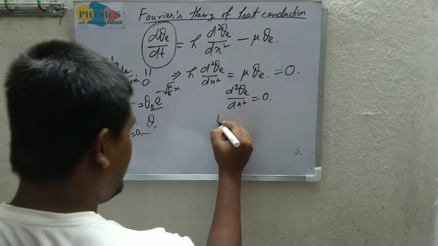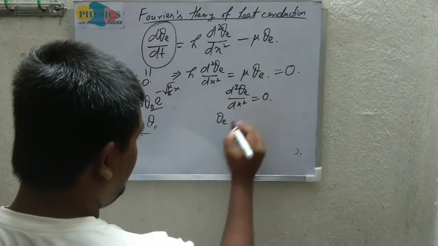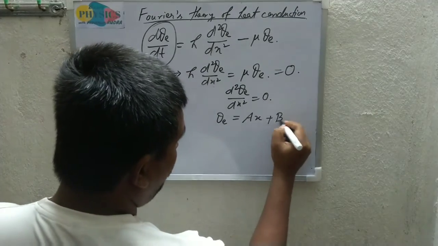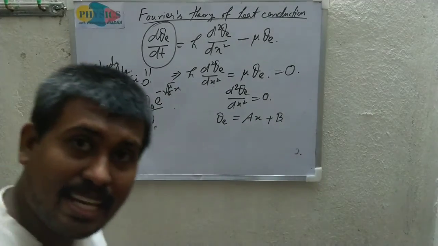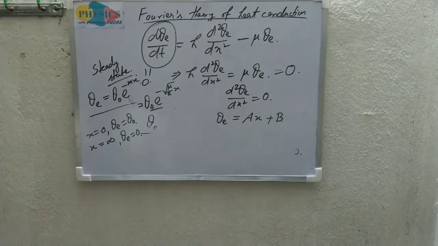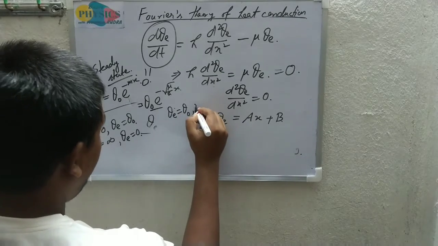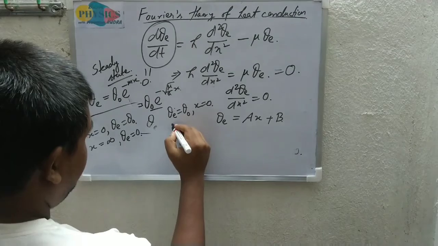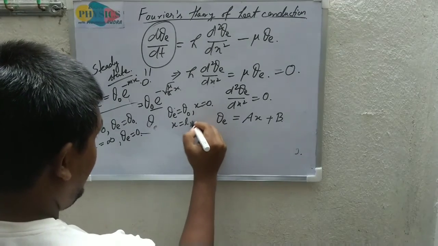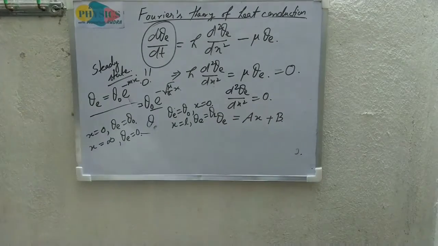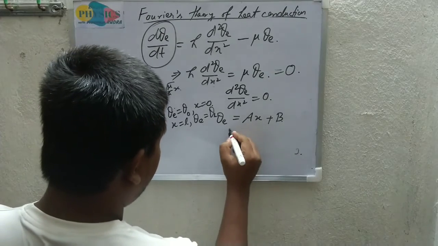If we integrate this, then theta e will be a x plus b, where a and b are integration constants. Now we put the condition that theta e equal to theta 0 when x equal to 0, and theta e equal to theta L when x equal to L.